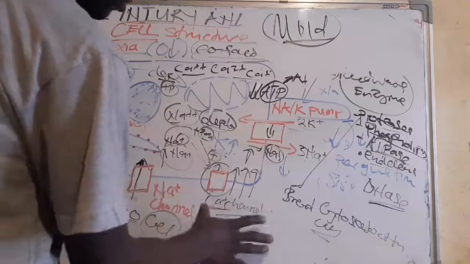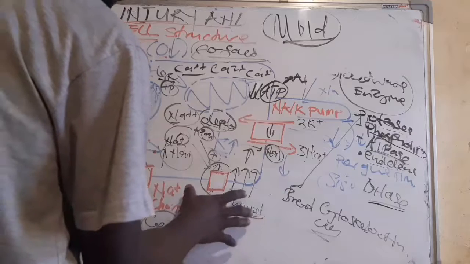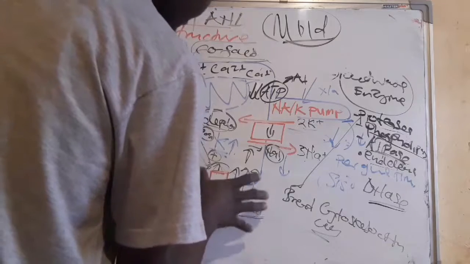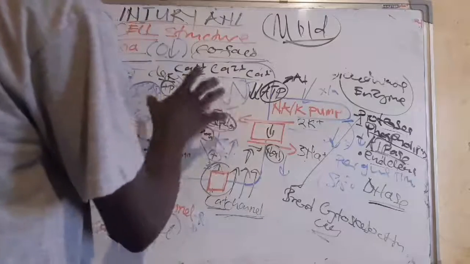This also means that sodium can be entering, but also it can be going out, meaning it won't cause much of the calcium channel to open. So as not many calcium channels are opening, small calcium is entering. As small calcium is entering, it means that fewer enzymes will be activated. So this will only cause small damage to the cell.